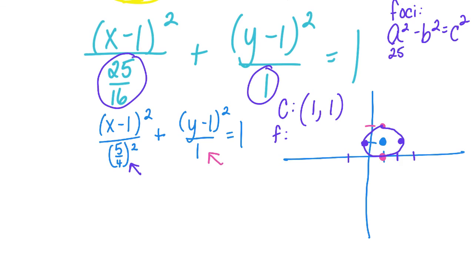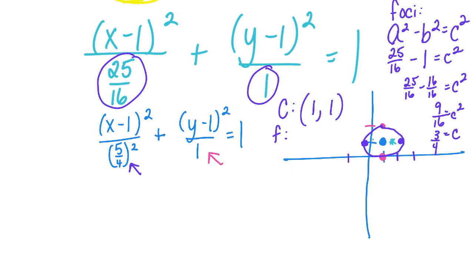So I'm taking 25 over 16 minus 1, and that's going to give me the c squared. Well, 25 over 16 minus 16 over 16, yes, you could do this in a calculator, is 9 over 16, which is c squared. So c is 3/4. So if I go 3/4 this way and 3/4 this way, I can find the foci.